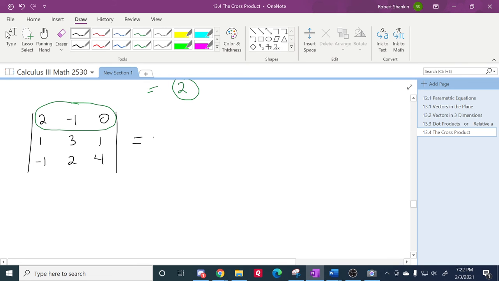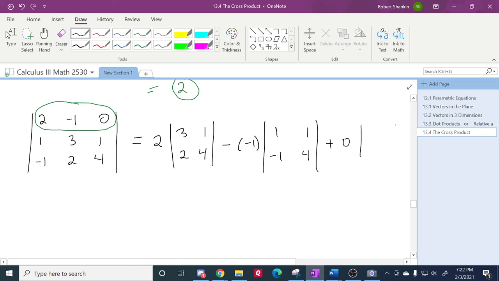Okay, so this is 2 times the determinant of the 2 by 2 that results from knocking out its column and row. Minus -1 and delete its column and row. Now this last one I'm not even going to bother to fill in, because 0 times anything is 0.